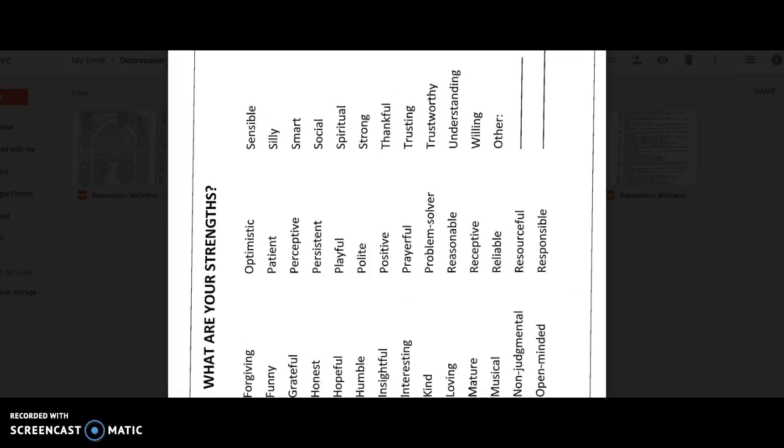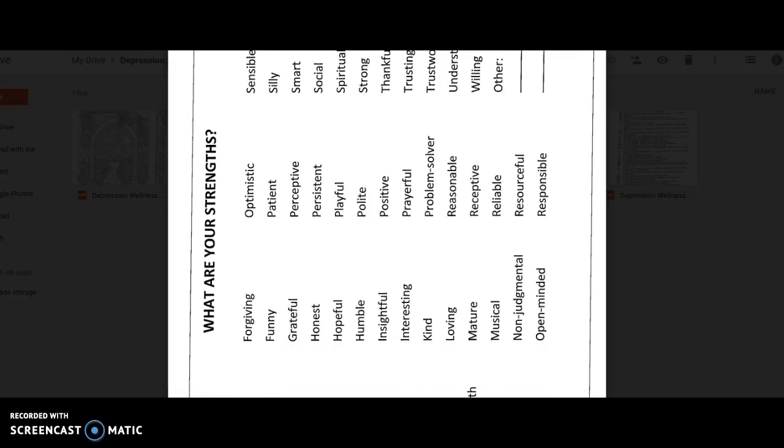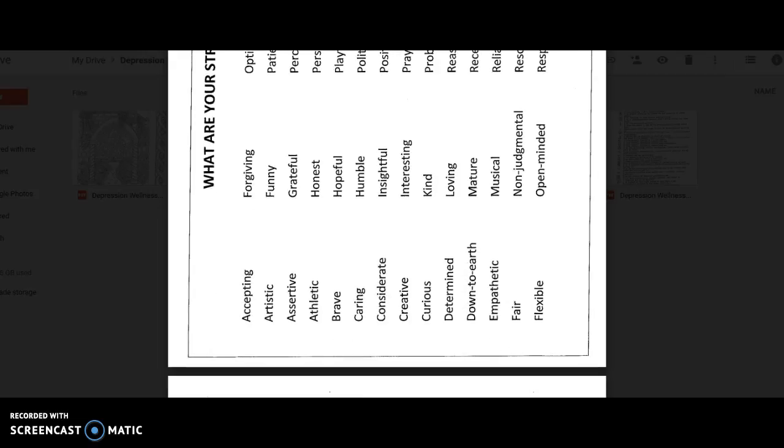So what I suggest is you take this sheet and you circle all of your strengths and then put it up on the wall somewhere so you remind yourself of your strengths. And that helps counteract all the negative self-talk that goes on in depression. With depression, you're basically kind of fighting your own mind and dealing with a strong inner critic.